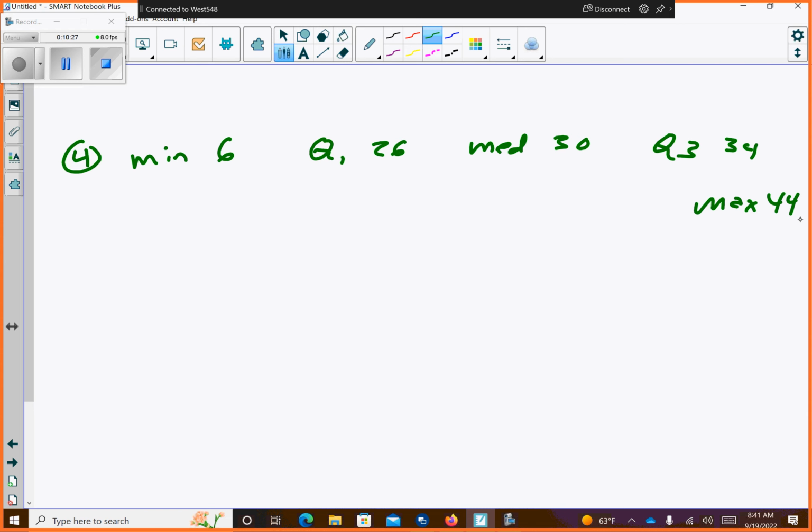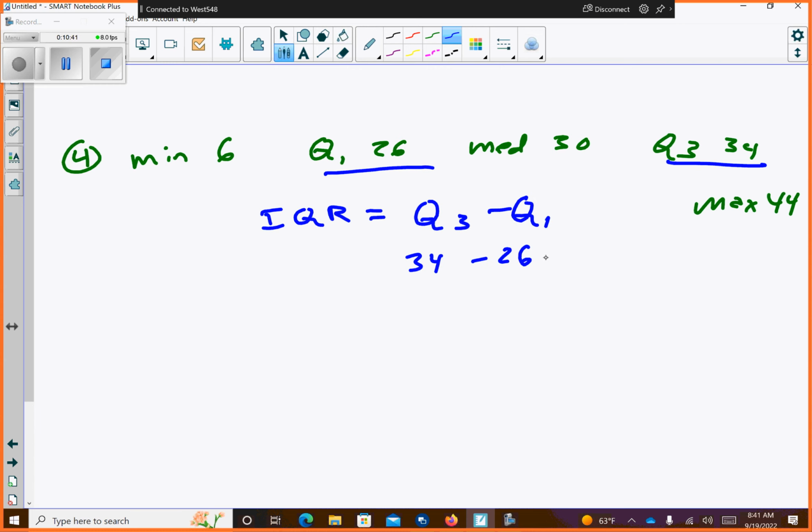Okay, so important things that we want here, those will find us the IQR, which is Q3 subtract Q1. So that's 34 minus 26, which is 8. So if I want to find my lower bound, I'm going to go my Q1 minus my IQR times 1.5.